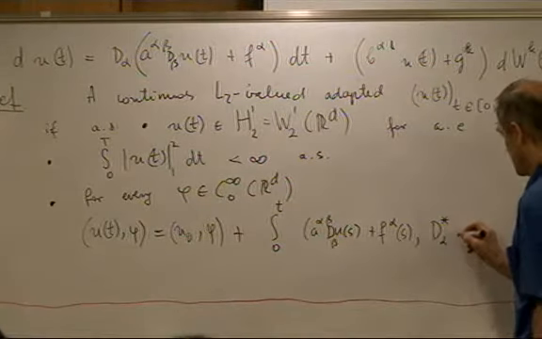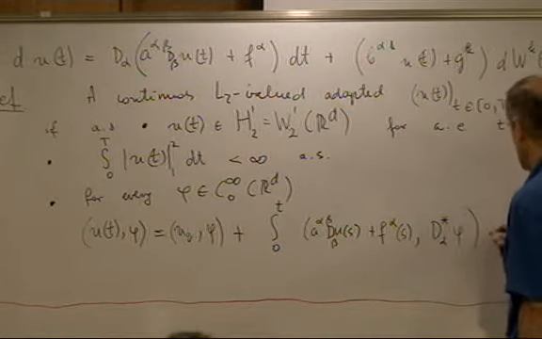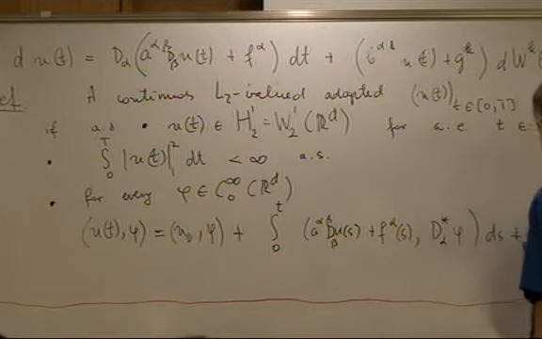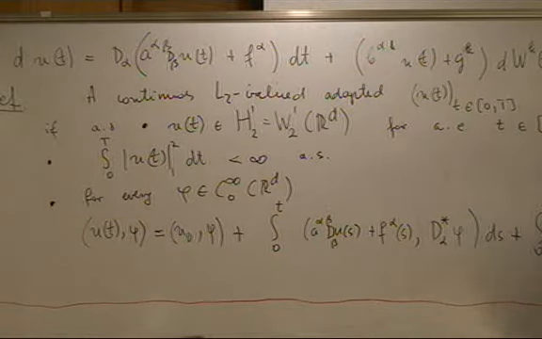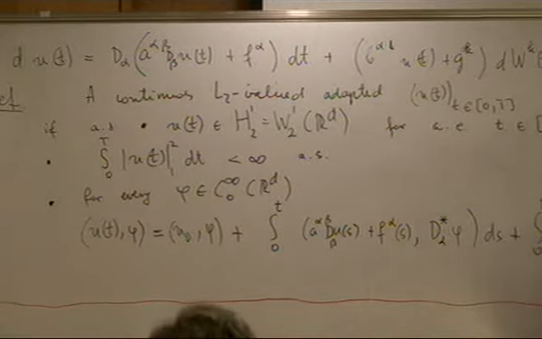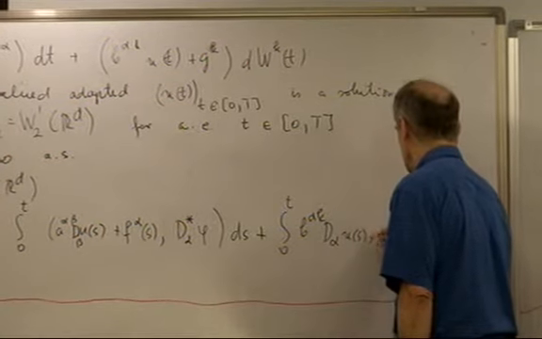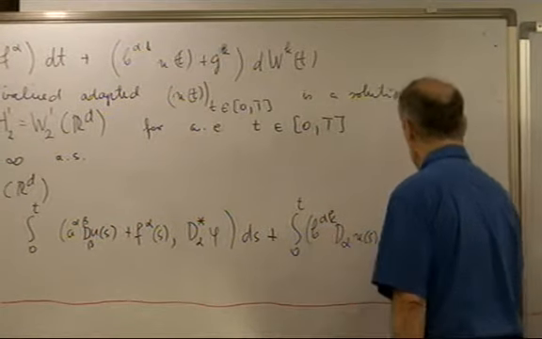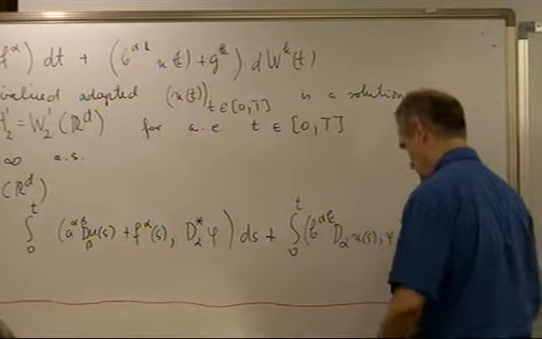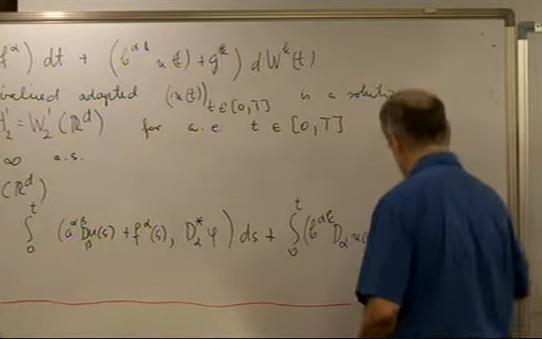And then that as well, and d_alpha star on phi ds, plus the integral from 0 to t of d_alpha k d_alpha u_s phi. Oops, here I lost the g.